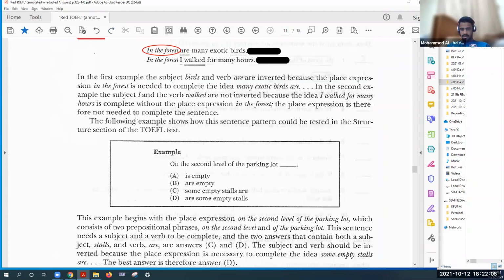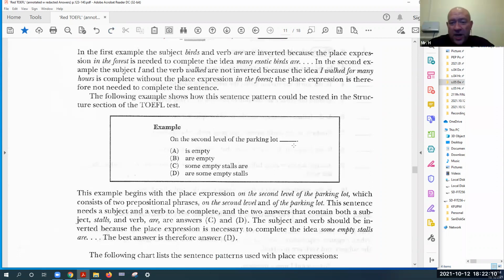All right. Let's try the example. Okay. Are you guys ready? You got 30 seconds. Choose now. I'm going to open the poll. Go ahead. Use the poll. Mohammed, can you find the poll?